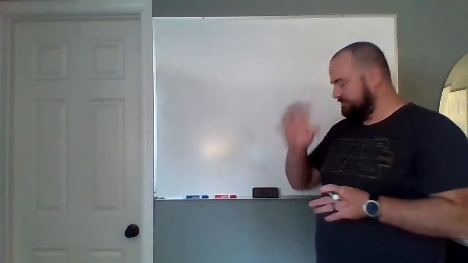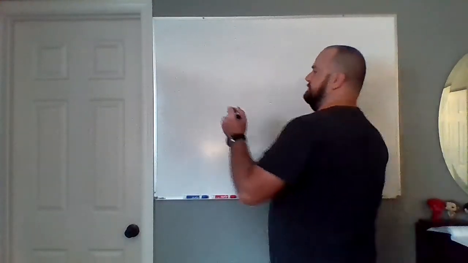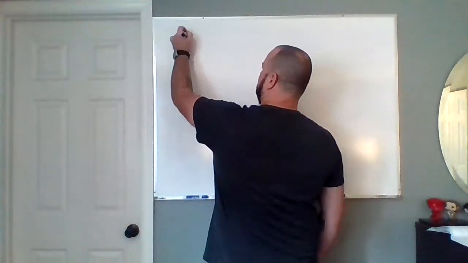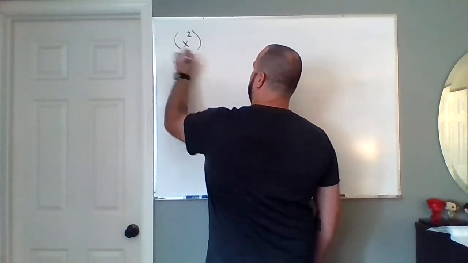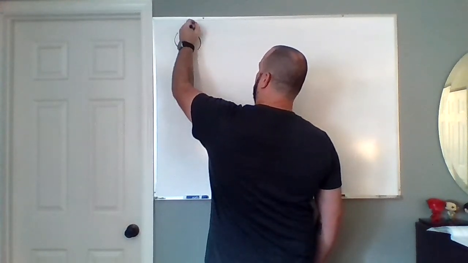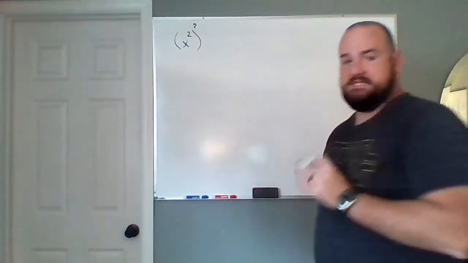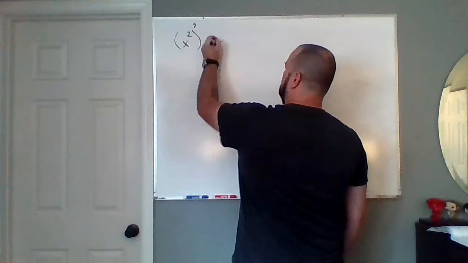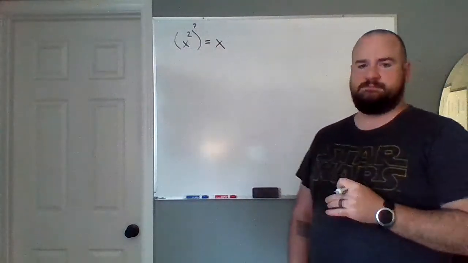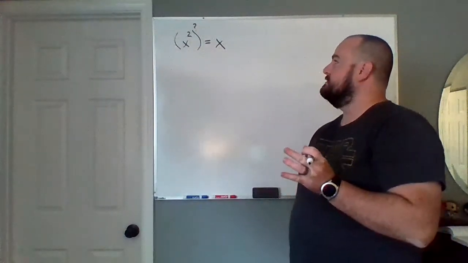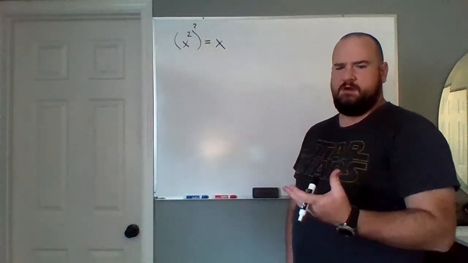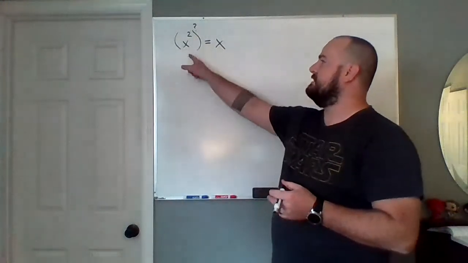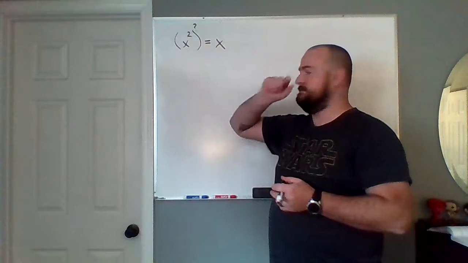What I want to think about real quick is if I have x squared to the, we'll use a question mark, to the something, and I want this to equal x. How can I simplify this expression?